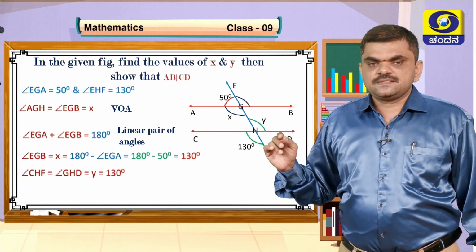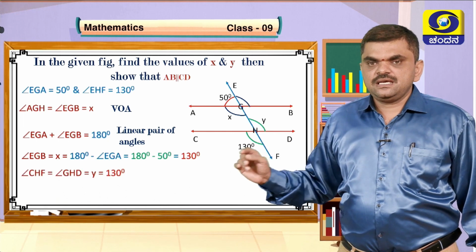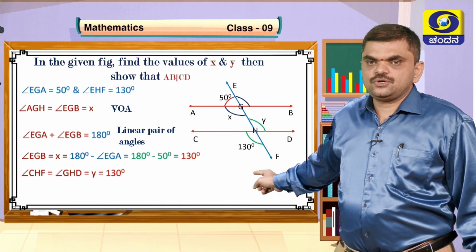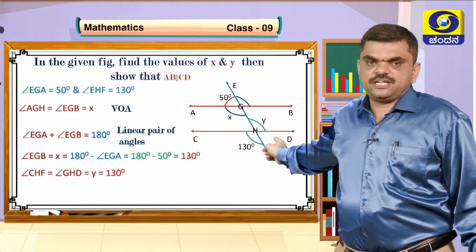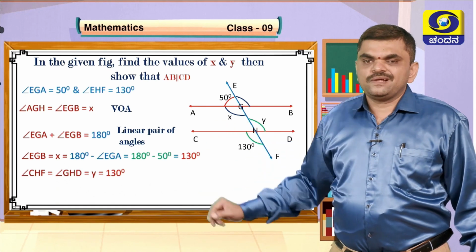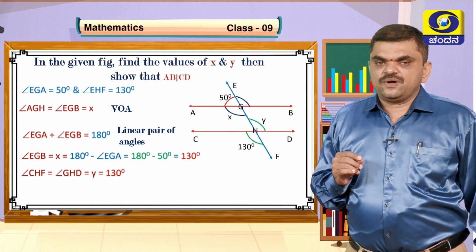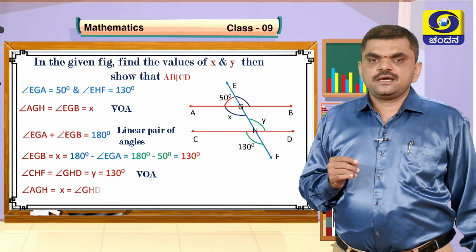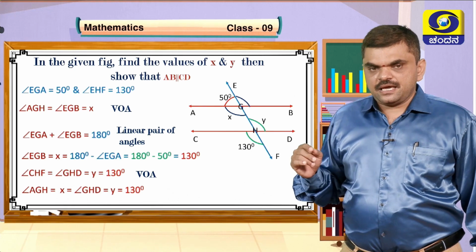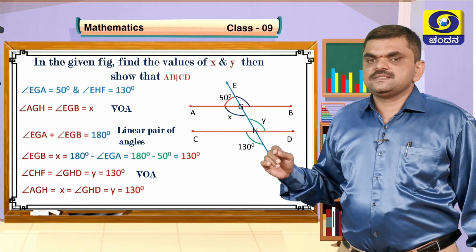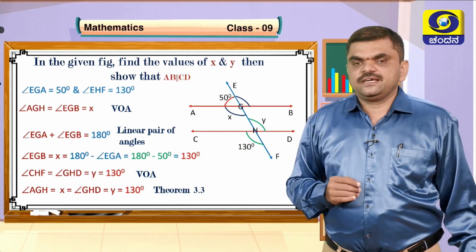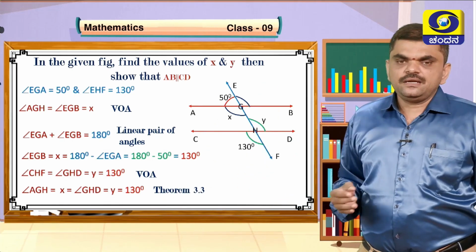Hence angle CHF is equal to GHD, that is also equal to 130 degrees. Y is equal to 130 degrees, children, because they are also vertically opposite angles. Angle AGH is equal to x, angle GHD is equal to y, is equal to 130 degrees because of theorem 3.3.